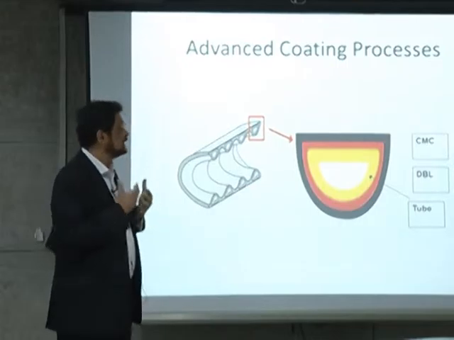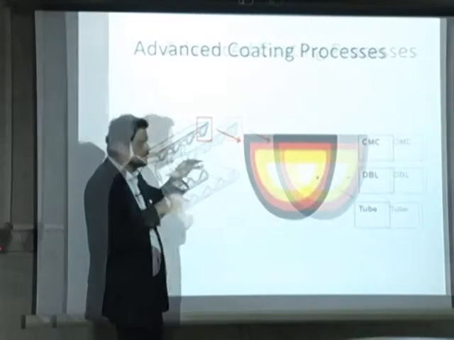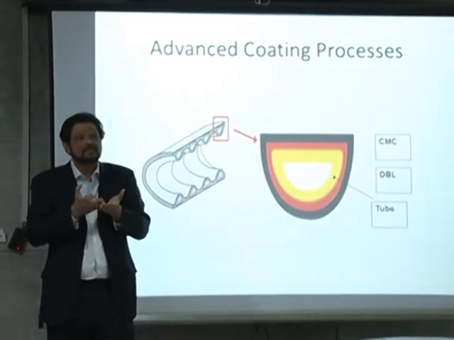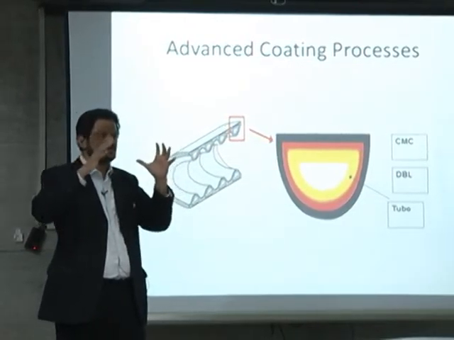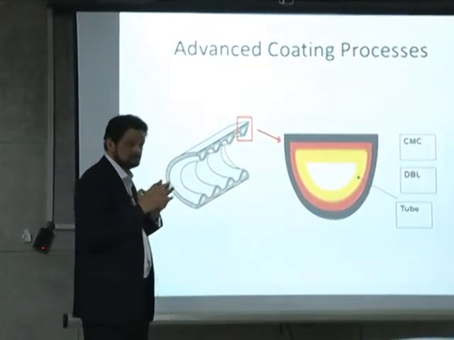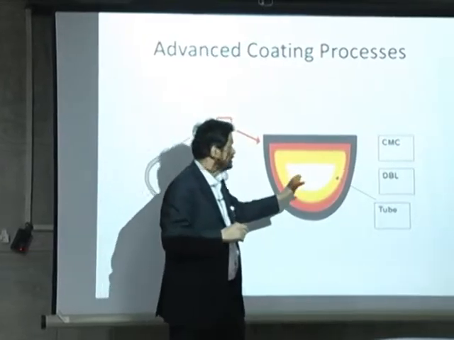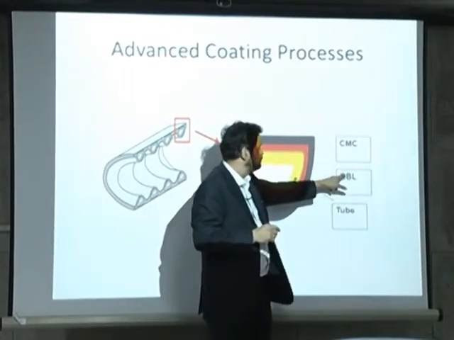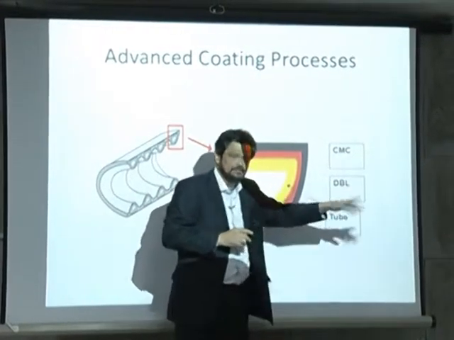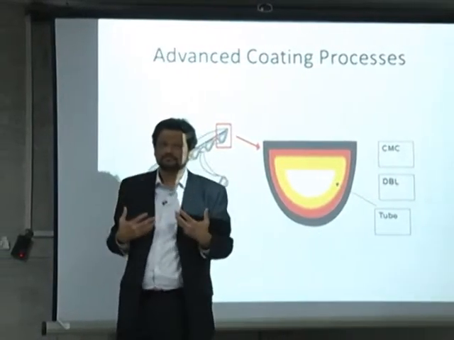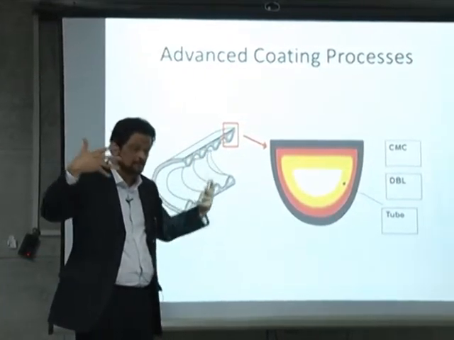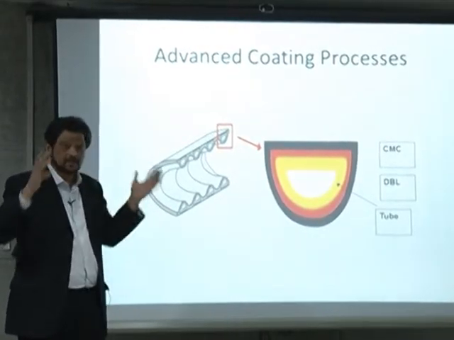So typically what you want is something that will keep the dissolving of ceramic away. It is called diffusion barrier layer, DBL.